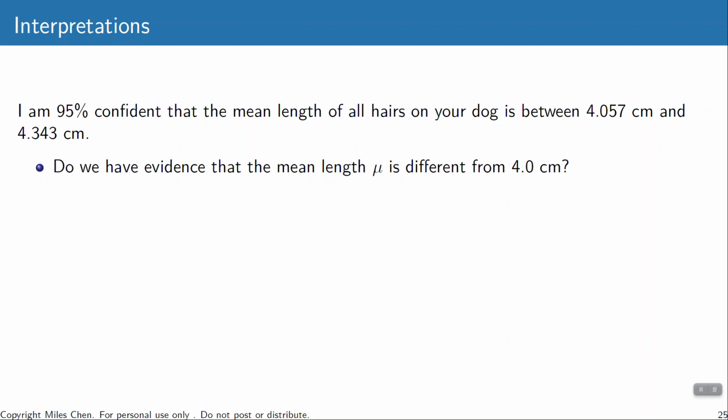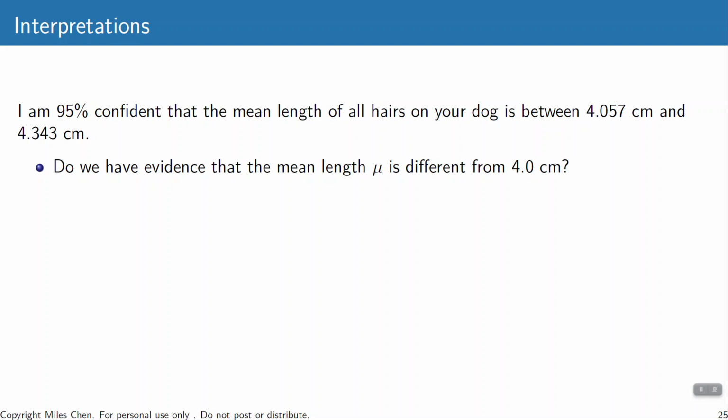So do we have evidence that the mean length for the entire population of all hairs is different from 4 centimeters? Well, we ask, is 4 inside my interval? And it is just outside of the interval, right? The interval starts at a number a little bit above 4.0 and ends at 4.343. So I'm 95% confident that whatever the number is, it's between 4.05 and 4.343.